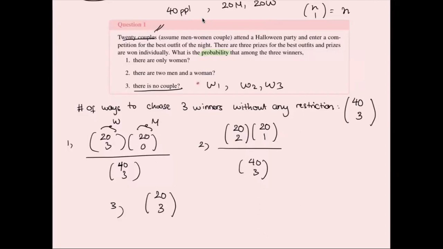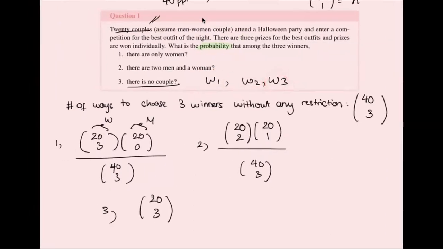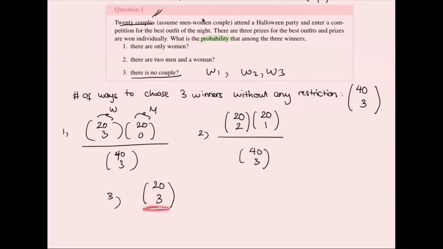No couple means that winner 1 comes from one couple, winner 2 comes from another couple, and winner 3 comes from a third couple that is different from both 1 and 2. Which means out of 20 couples, I can choose 3 couples. And out of each couple, I choose 1 to be the winner, because each couple has 2 people.